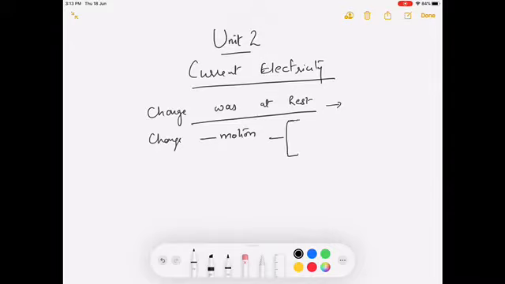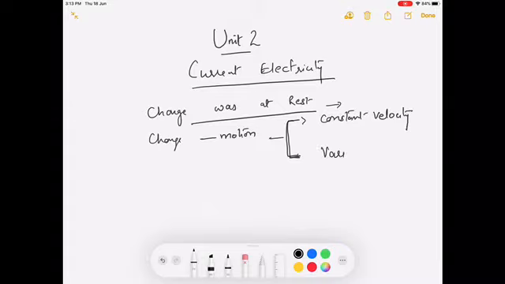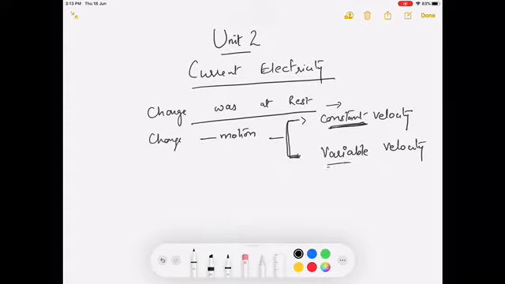Now when charge moves, we can further divide its motion into two categories. First, when it moves with constant velocity. Second, when it moves with variable velocity.